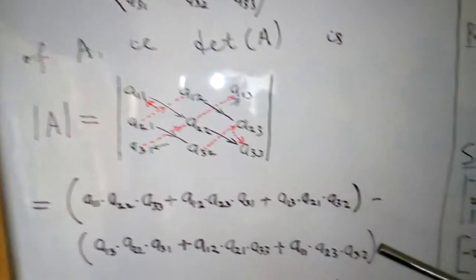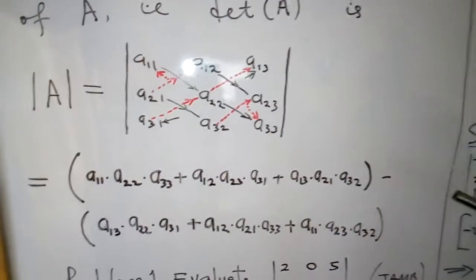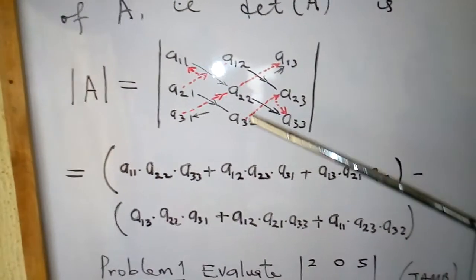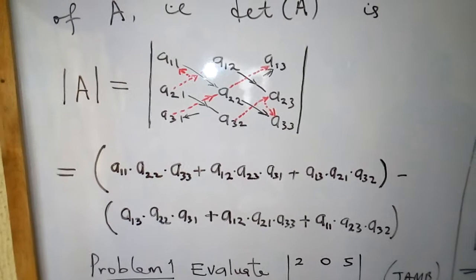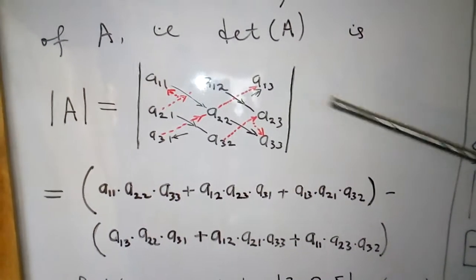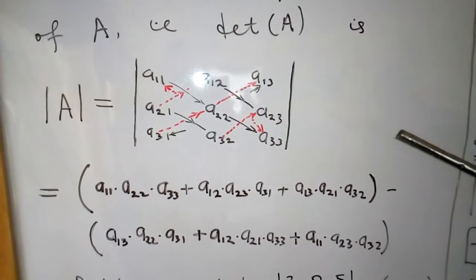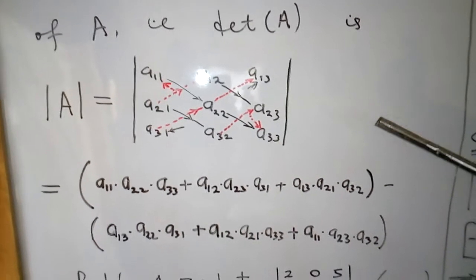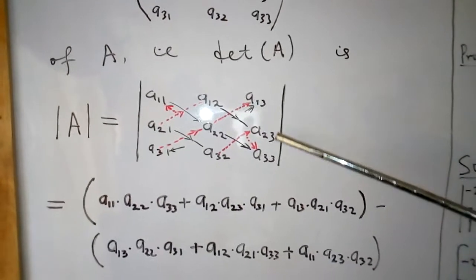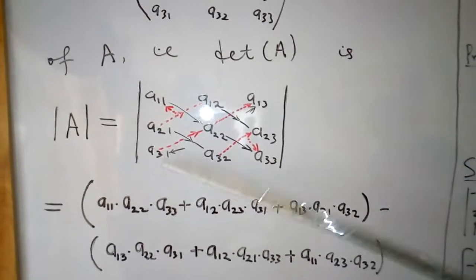We take the sum of the product of the principal diagonal, which is A11 times A22 times A33, and you see the black arrow, plus the off diagonal elements facing the principal diagonal, plus A12, A23 times A31.